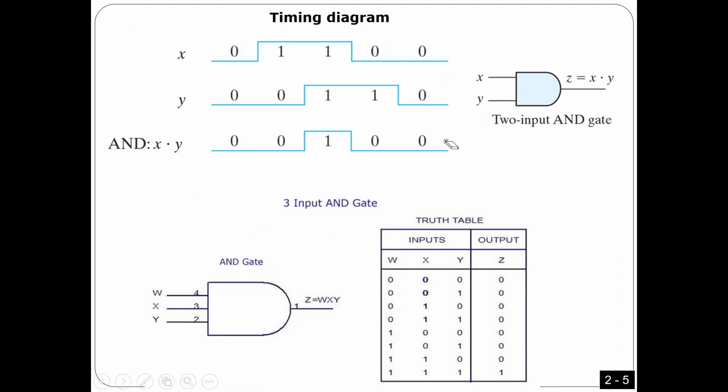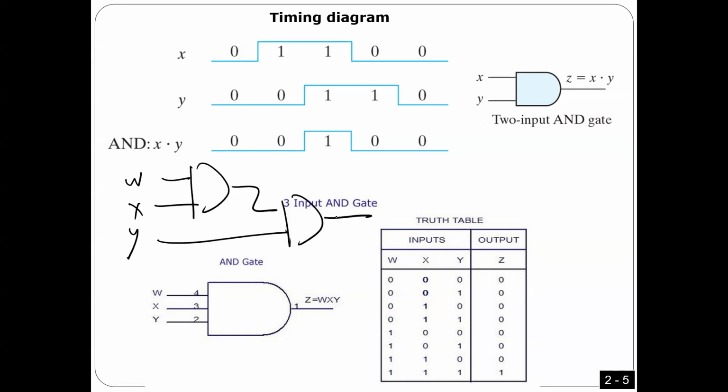The way this works is, for example, if you have here W, X and Y, you have here an AND, and then this one should be another AND. Is that okay? So here you AND the first two inputs, and the result you can AND here. But instead of doing it this way, I can just say we have only one AND here, and that's what I'm explaining here.